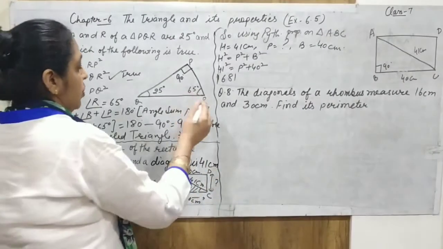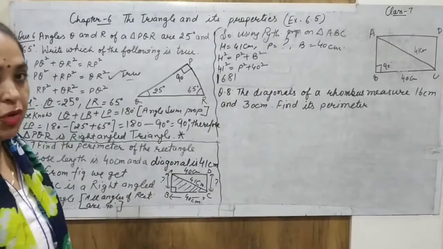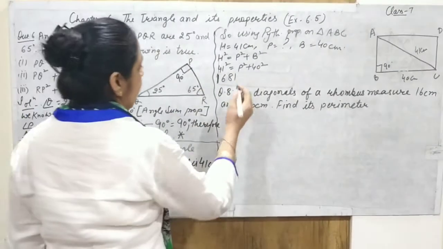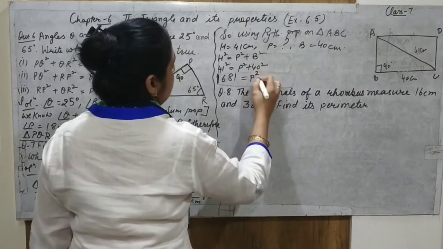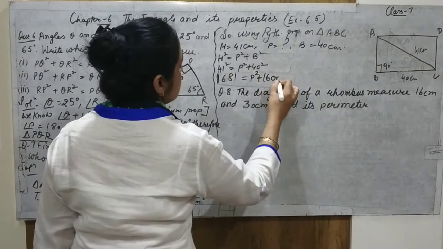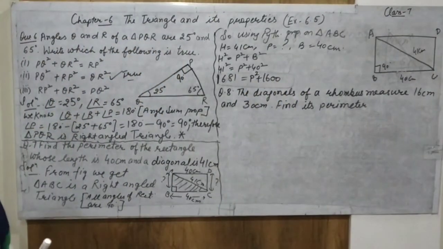Now one thing left. Now what we get? 41 into 41, 1681 is equal to P square plus 1600. That we get after multiplication, 41 with 41 and 40 with 40.